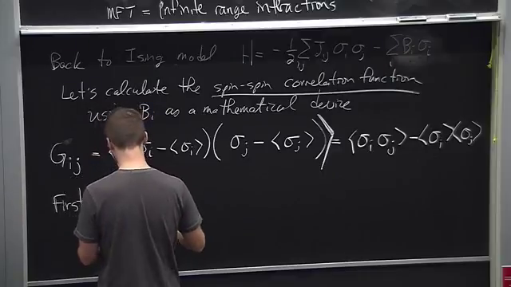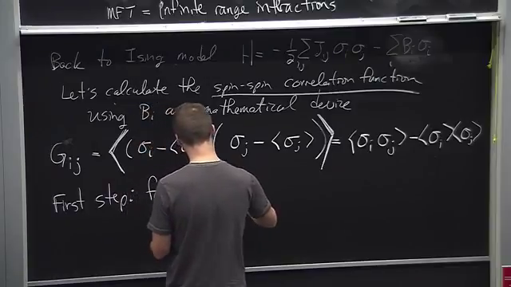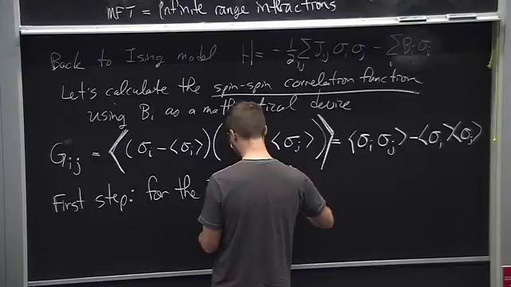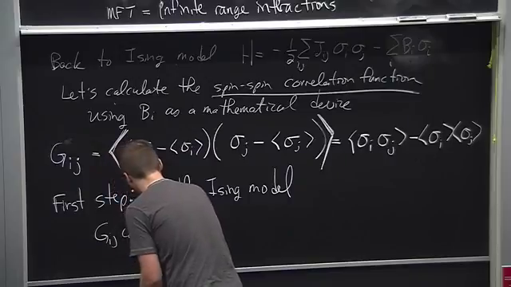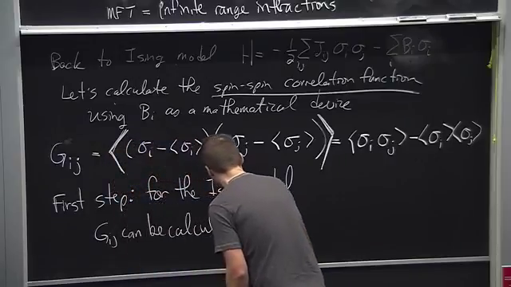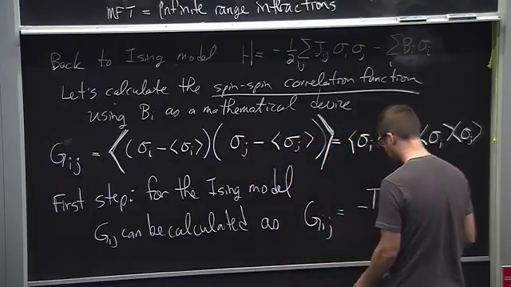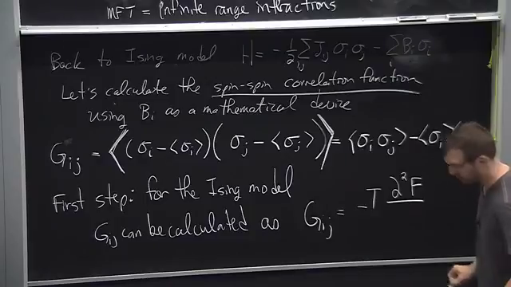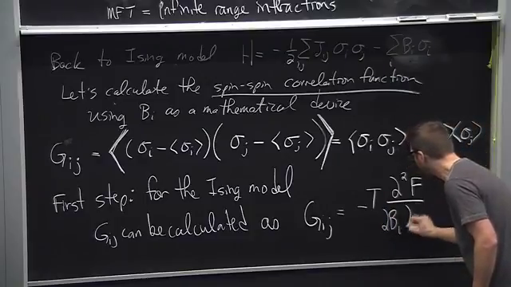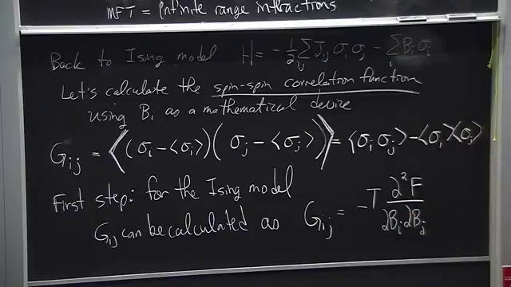That for the specific Ising model, the Gij, I can write this as a second derivative of a free energy, where each derivative, or partial derivative, is taken with respect to the fields, respectively at site I and j.